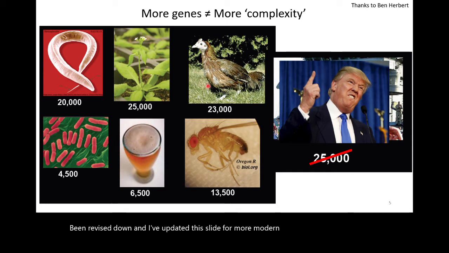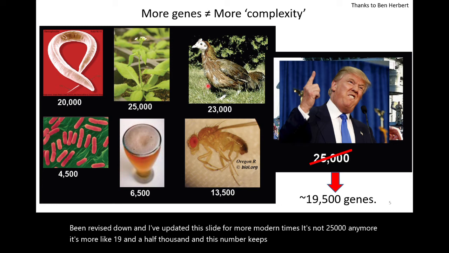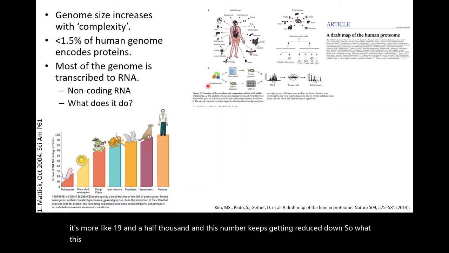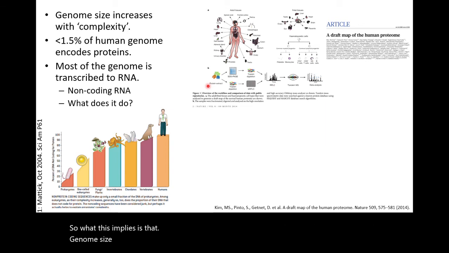It's not 25,000 anymore, it's more like 19,500, and this number keeps getting reduced. So what this implies is that genome size doesn't increase the complexity of the organism. Only 1.5% of the human genome actually encodes for proteins.